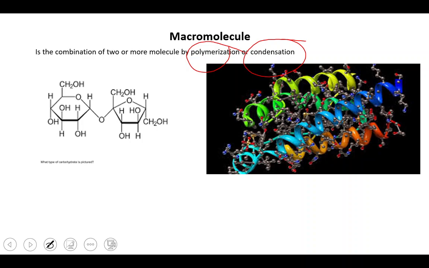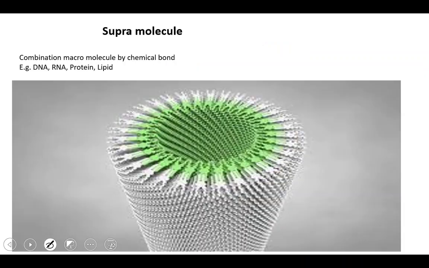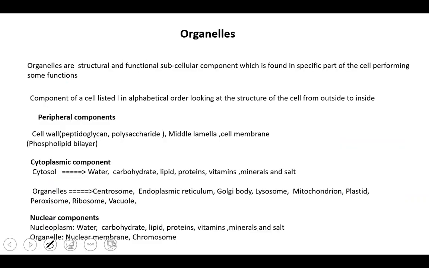That's the reason why we are introducing you to this course, to let you know what things you will likely come across. We have supramolecules as well. They are giant molecules that grow enough to form an organelle. Most of the molecules that can form giant structures are DNA, protein, and RNA.